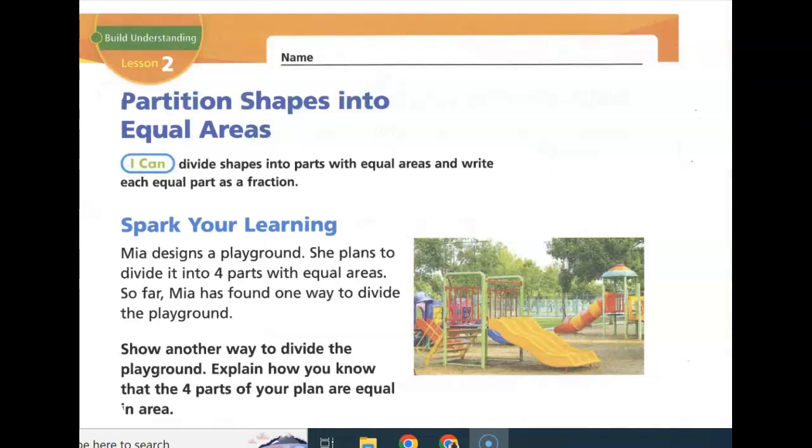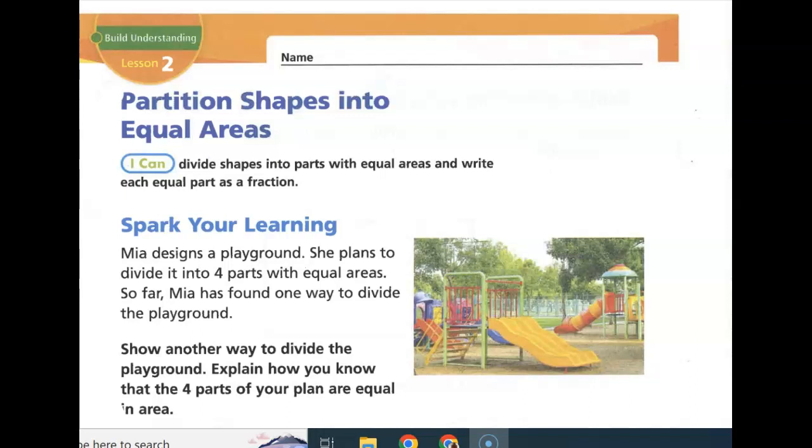Today we're looking at math lesson 14.2, partition shapes into equal areas. So what does it mean to partition something? Like in half, like you put it in groups.